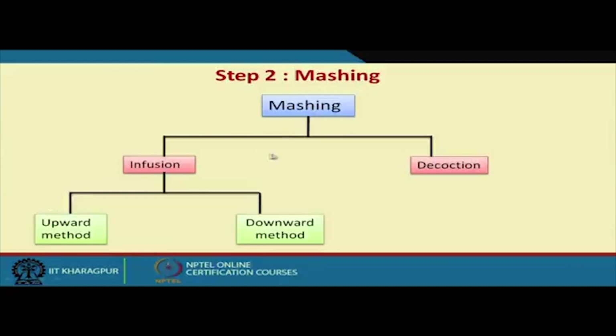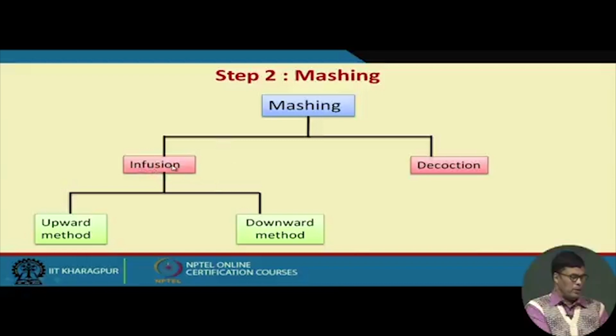The mashing process, as I mentioned before also, can be divided into two types. One is called infusion, another is called decoction. In the infusion process, we have the upward method and the downward method. Basically the upward method means we increase the temperature gradually. Initially the proteolytic enzymes are activated and degrade the protein molecules.